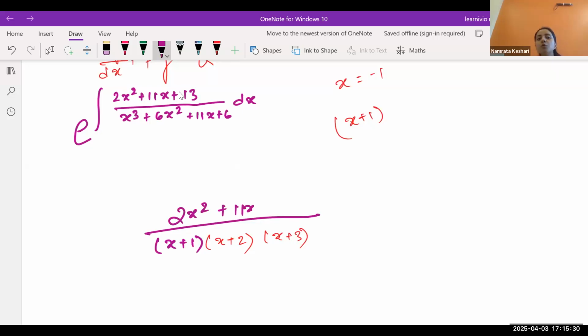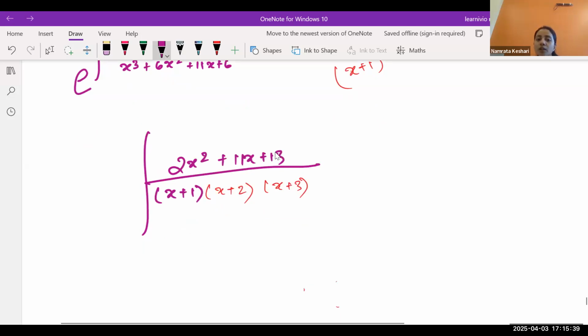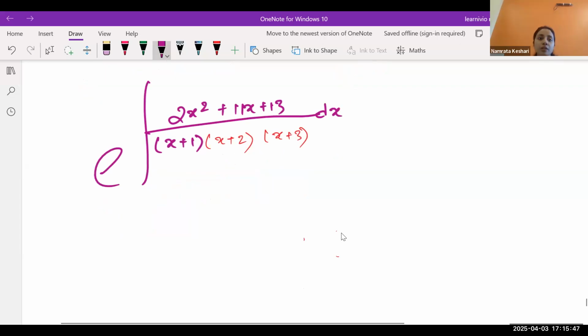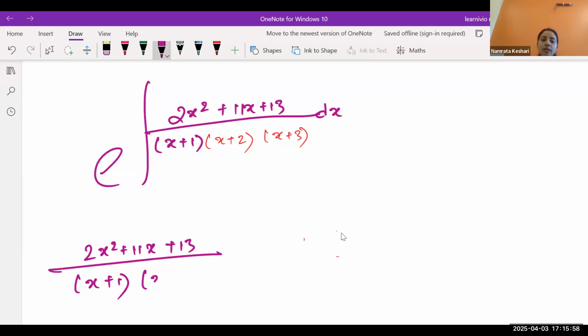Even if we are not doing the factorization, it is fine. So basically for now we are just focusing on this integration, e to the power. Let's find what will be there after the integration: 2x square plus 11x plus 13 by x plus 1, x plus 2, x plus 3.